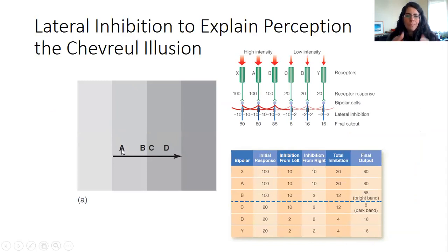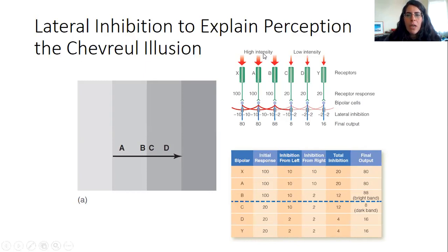Okay, so the image, areas A and B, that image is reflecting light that's striking cells in your retina at a high intensity, which makes it look lighter than C and D as part of this illusion, right? C and D are reflecting into your eye lower intensity light, okay?